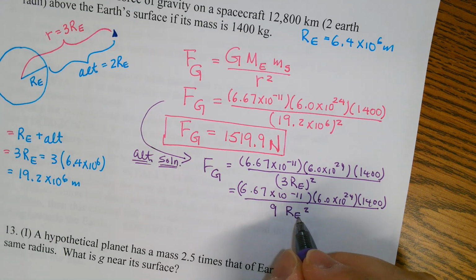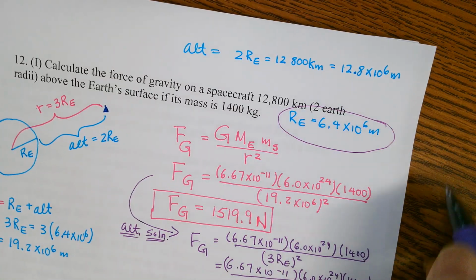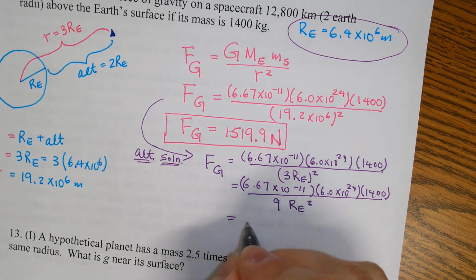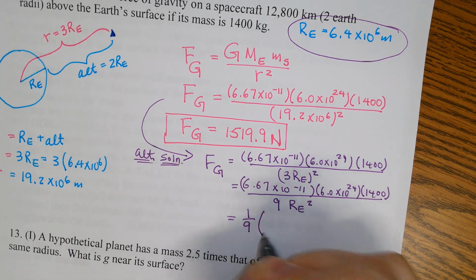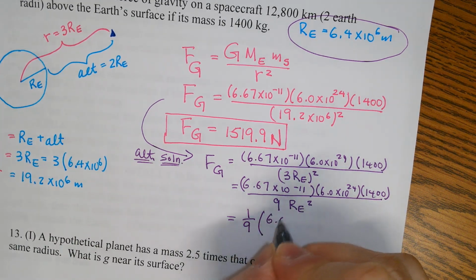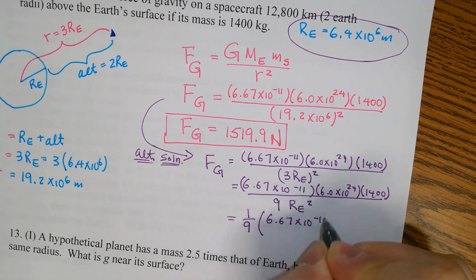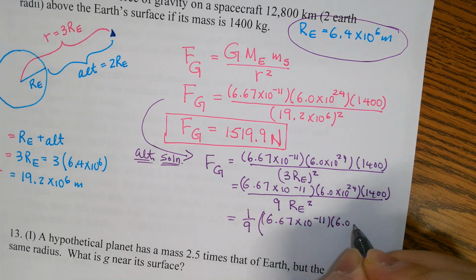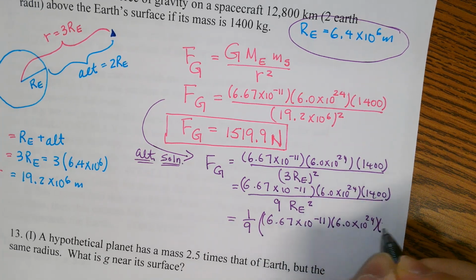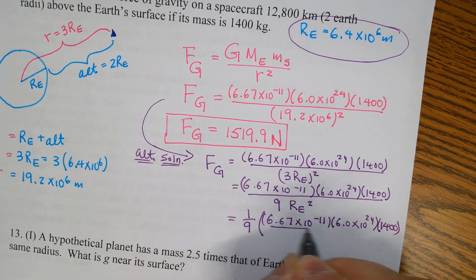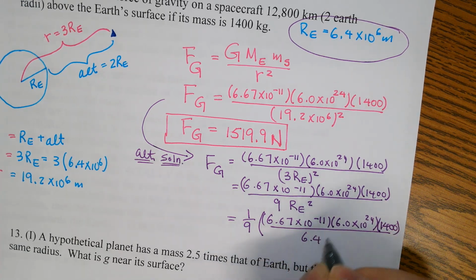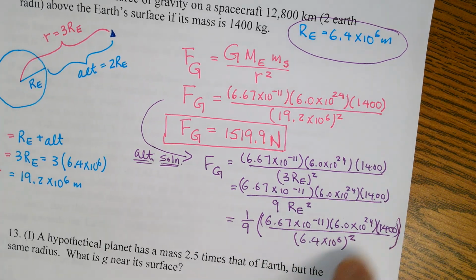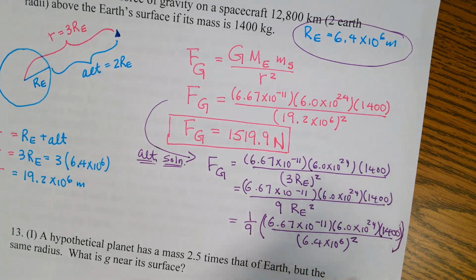We know this is this, right? So let's do this. I'm going to factor this 9 out. So 1/9 times 6.67 times 10 to the negative 11th times 6.0 times 10 to the 24th times 1400, over 6.4 times 10 to the 6 squared. Let's calculate this. What do we get?